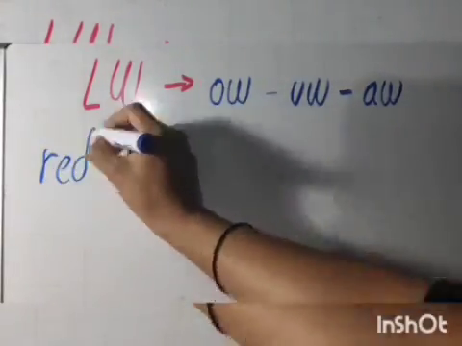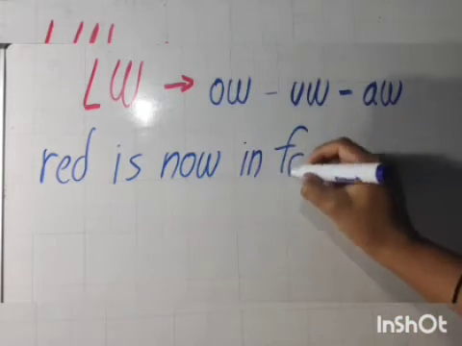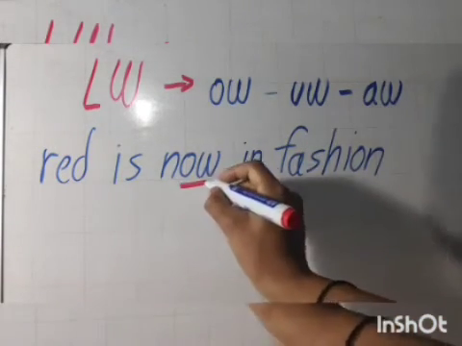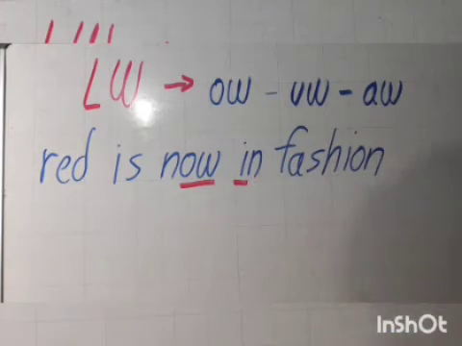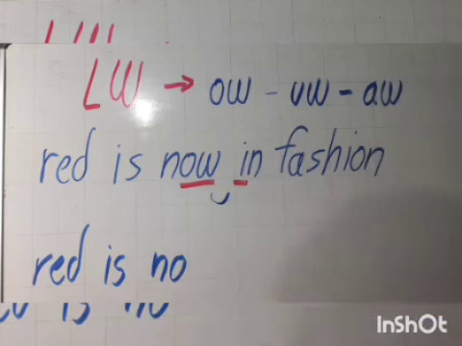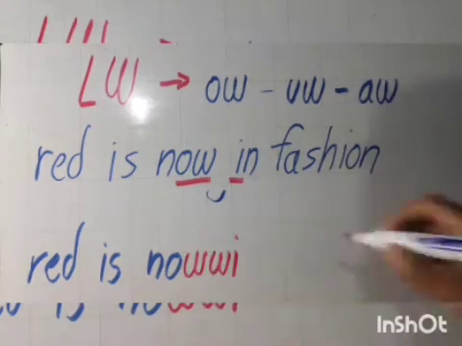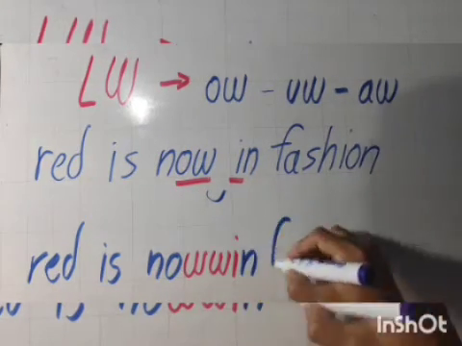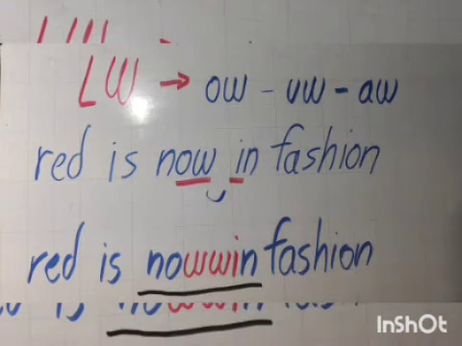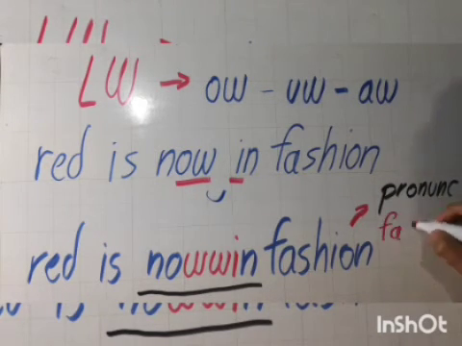In this case, we have the linking between now and in. We add another W sound between now and in. In the same way, we have to take into account the pronounced moment that is faster than the first sentence.